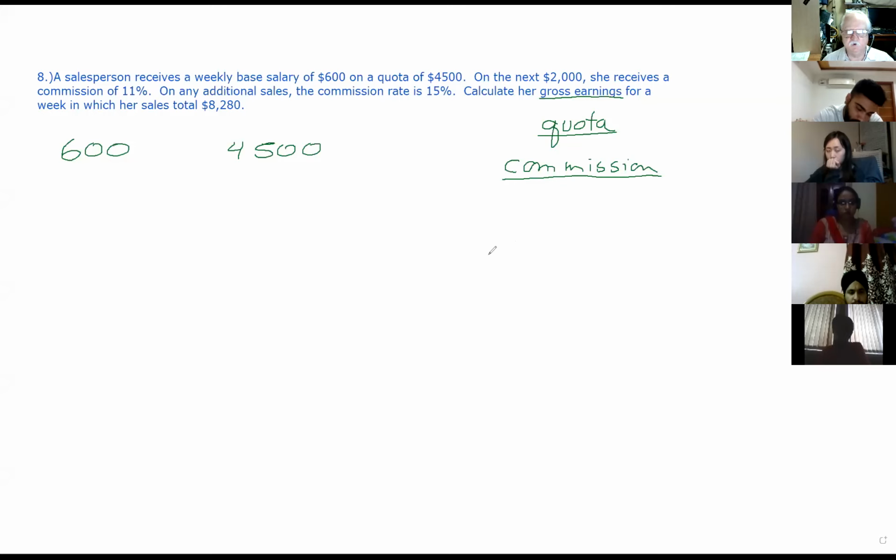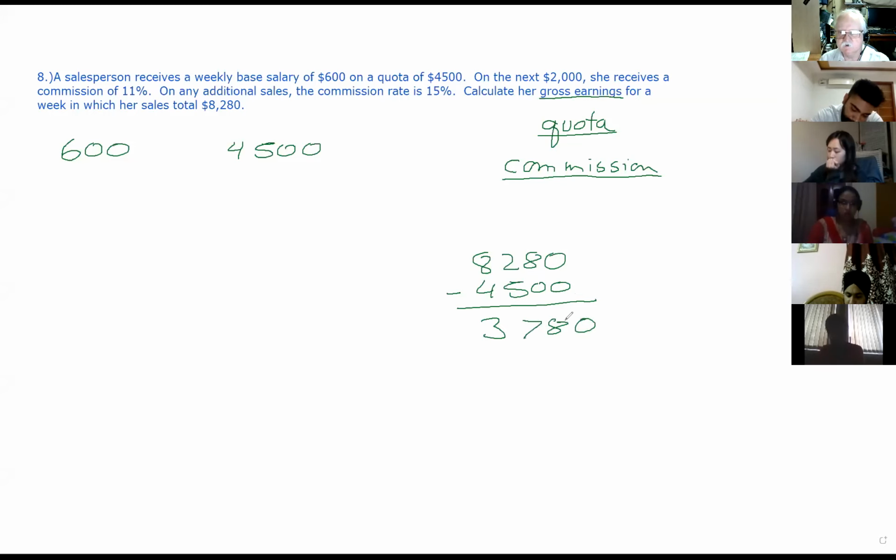But she sold more than that. 8,280 minus 4,500. What is that? So she sold $3,780 more than her quota.